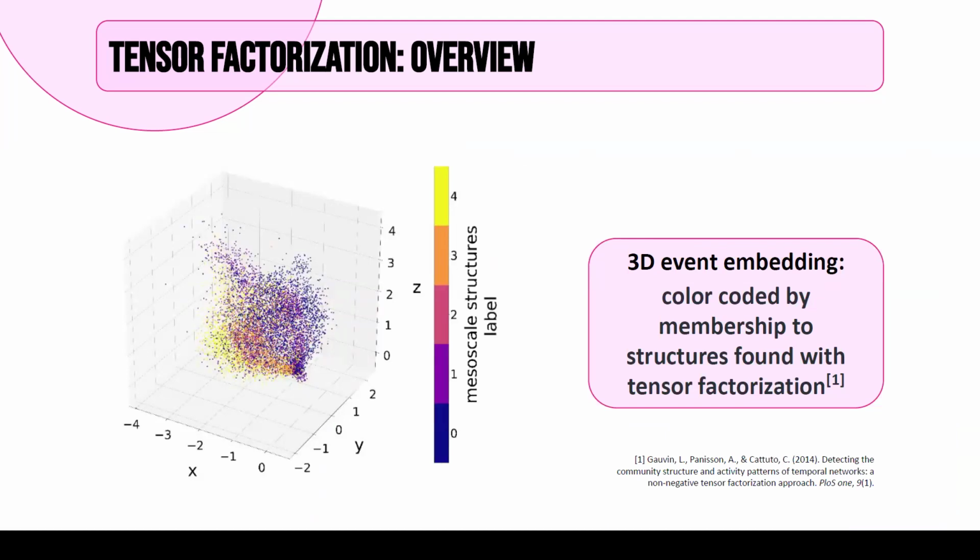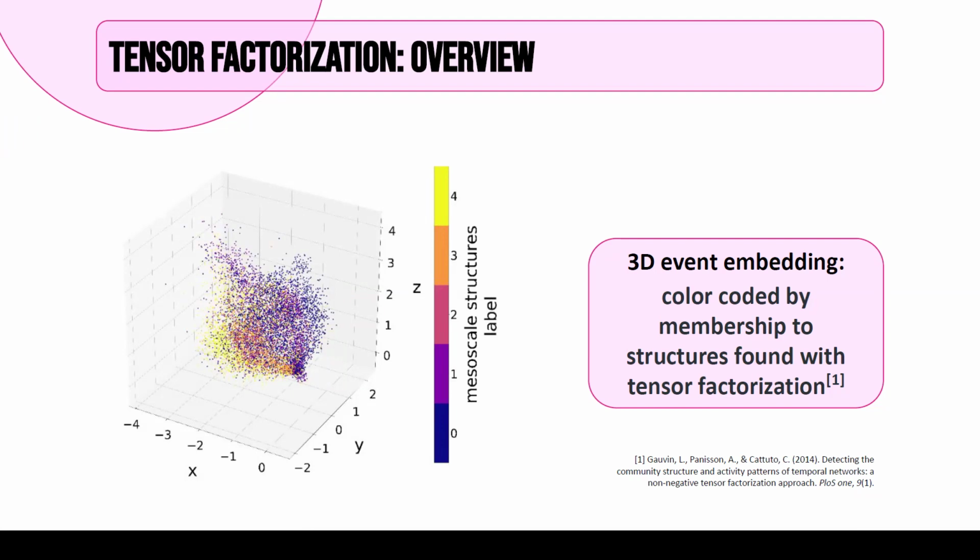So each event that we derive from the previous temporal network embedding is color-coded by the belonging to a certain component or mesoscale or community, as we want to call it. And we can see again that not only the temporal features of the temporal network are learned and included in the final representation, but also the structural features are included in this final representation.